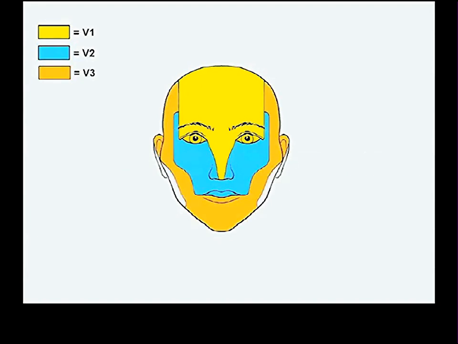V3, which you dissected just on Wednesday, has the following branches. The auriculotemporal, which we have seen, does a bit of the upper portion of your external ear and the rest of the temple, not done by zygomaticotemporal.